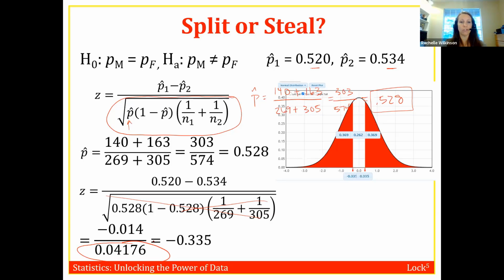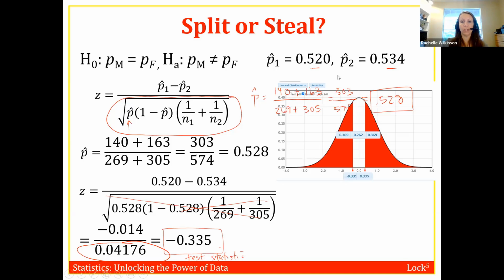Your numerator is your sample statistic, the negative 0.014. That gives you a test statistic of negative 0.335. This is what we call our test statistic, and it's really just the middleman that helps us find our p-value.